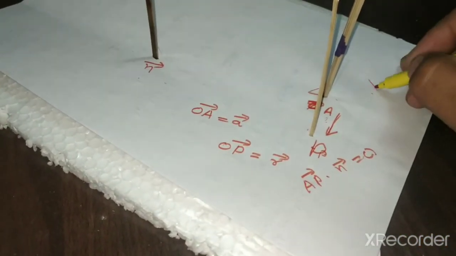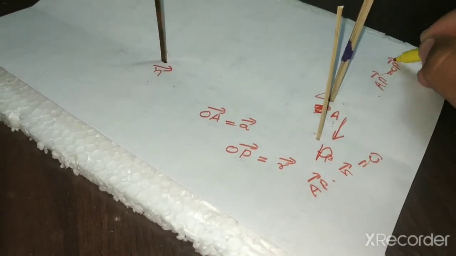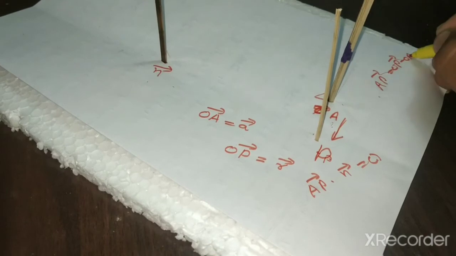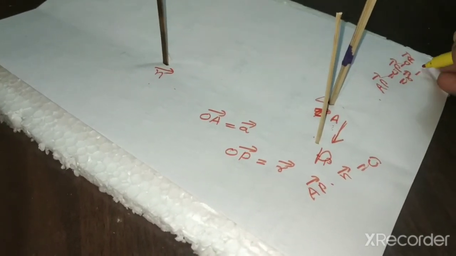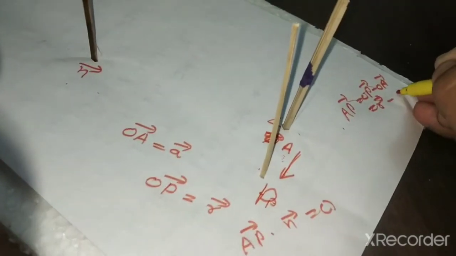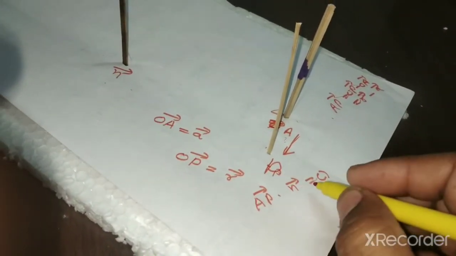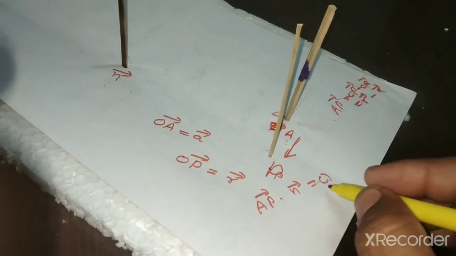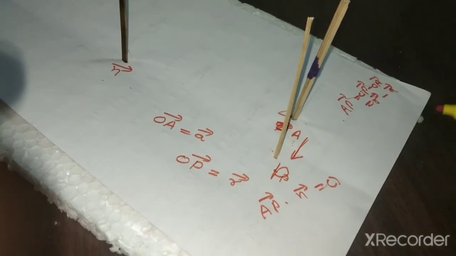How do we find the AP vector? AP vector is OP minus OA, that is r vector minus a vector. So AP dot n vector equals 0, and AP equals r minus a.